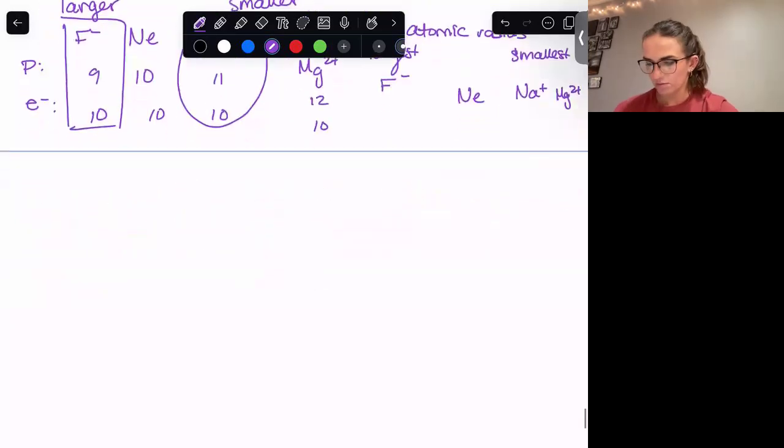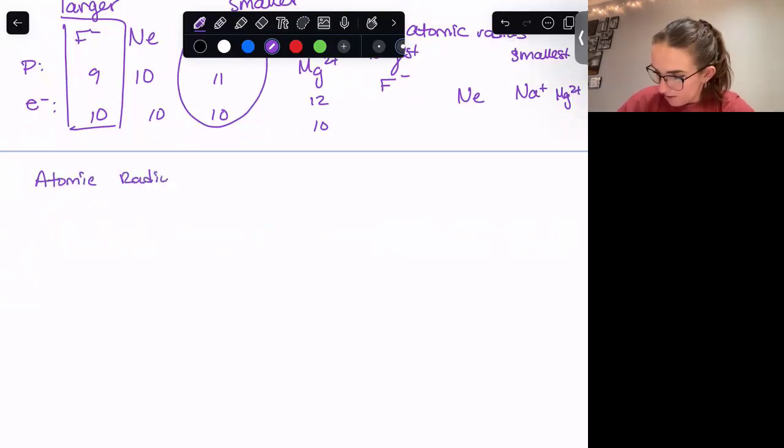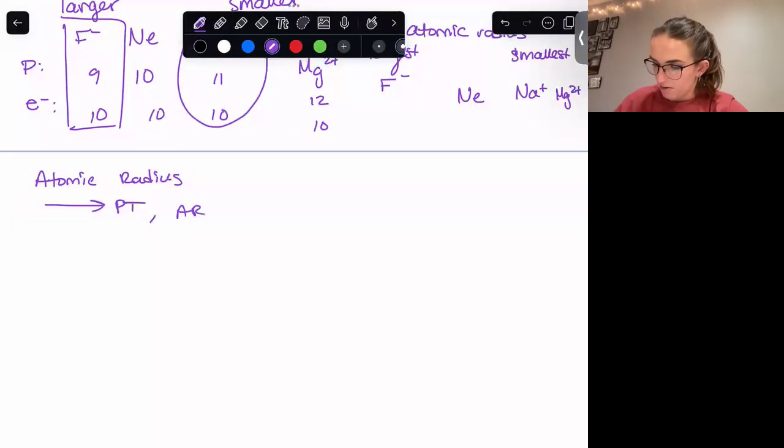Great. Okay, other periodic trends, atomic radius in general. As we go across the periodic table, what happens to atomic radius? Good. Atomic radius decreases, and as we go down the periodic table, what happens to atomic radius?